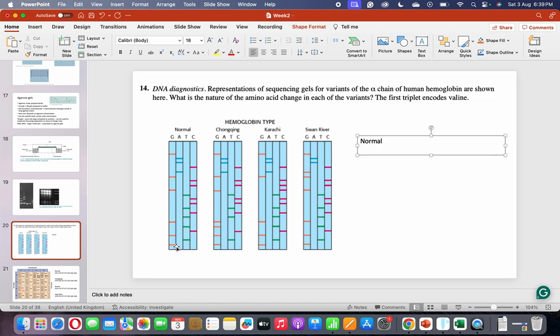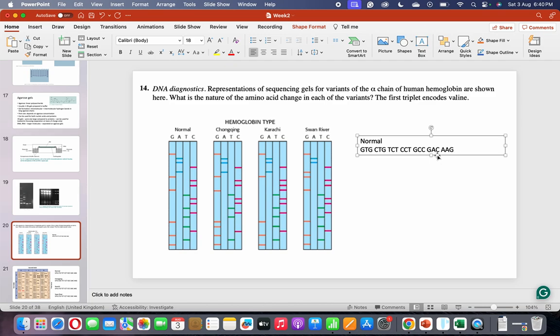Here we can see that the bottommost band corresponds to G. After that, the second band is T. The third band is G. And again, after G is C. T, G. T, C, T. C, C, T. G, C, C. Then again this will come back to G, A, C, and A, A, G. This is how we can read a sequencing gel from bottom to top.